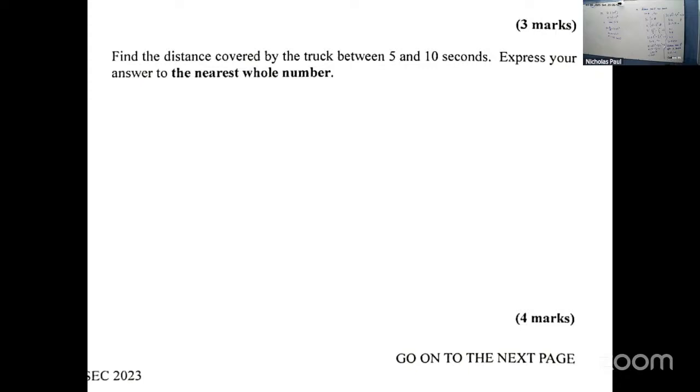Right, last minute, let's work it out fast. Integrate between the limits.